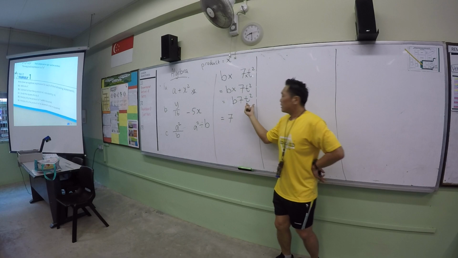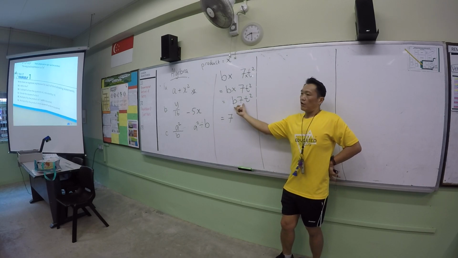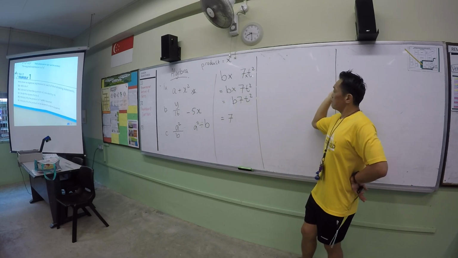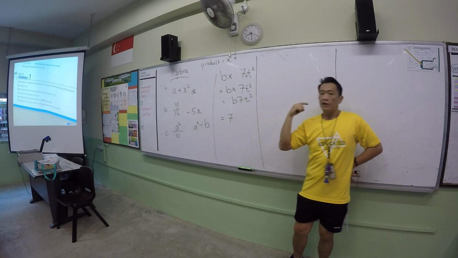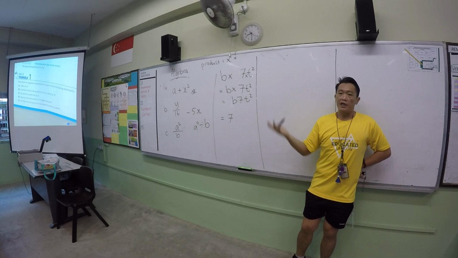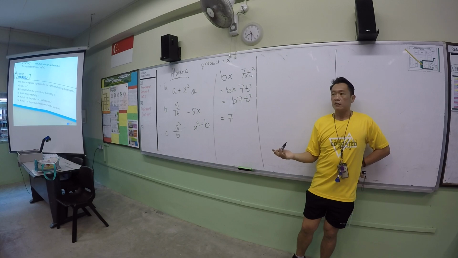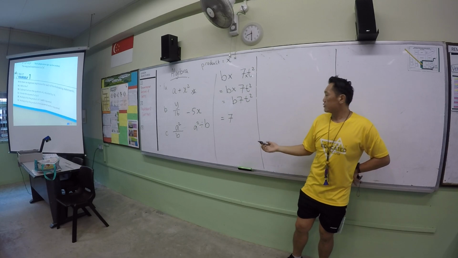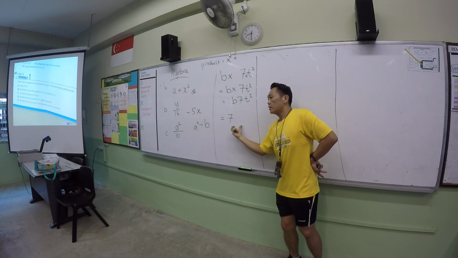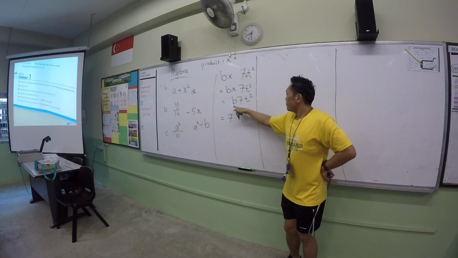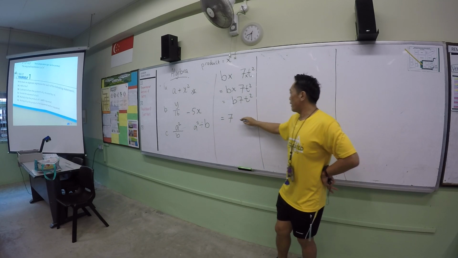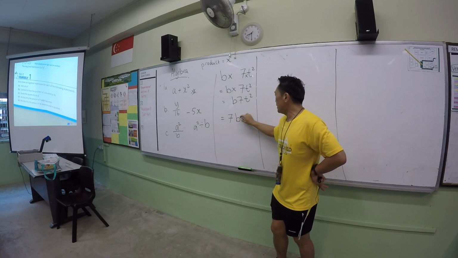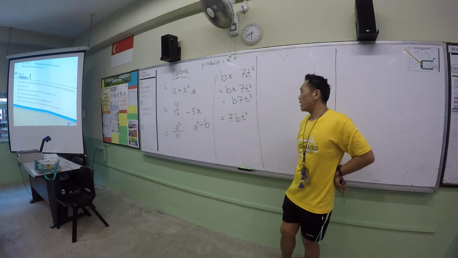Then all the alphabet, all the unknown symbols put behind. By what order? Just like your alphabet, A comes before B, B comes before C, we will also usually go by the order of alphabet. So b 7 t square, we will write 7 followed by b followed by t square.